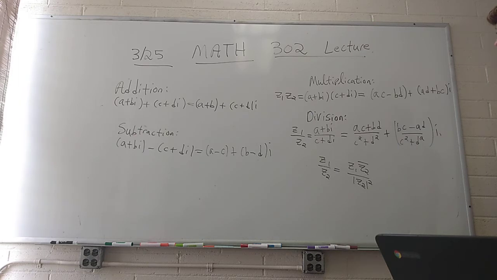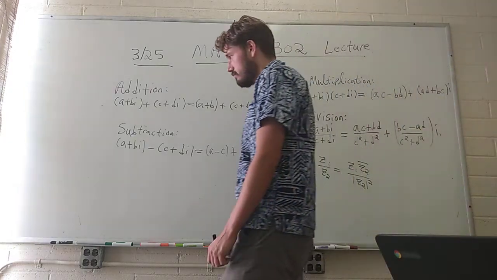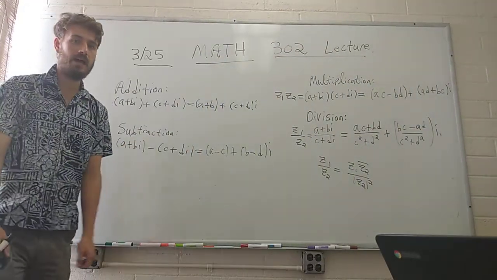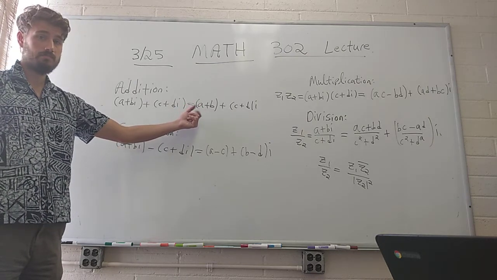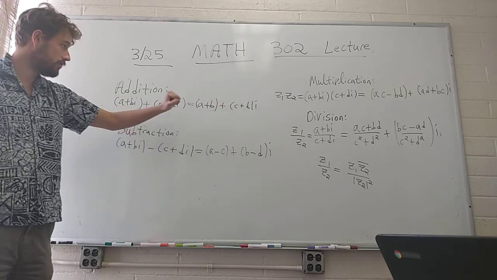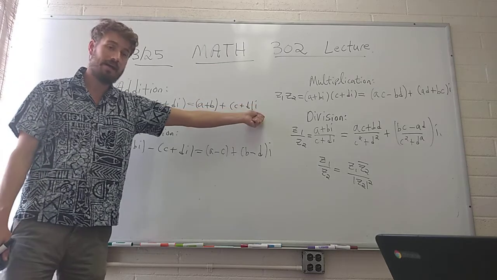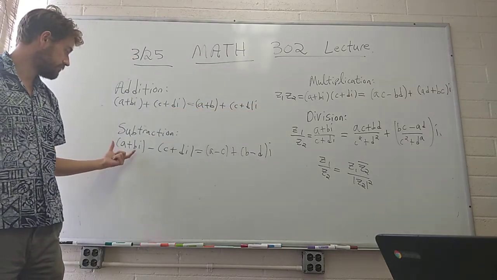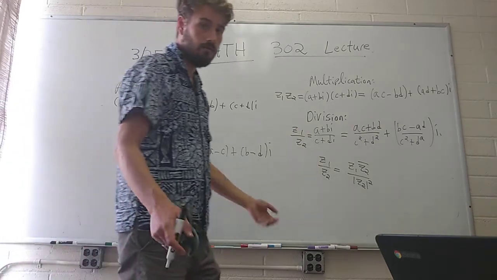So these are all the formulas for multiplication, division, addition, and subtraction. This is just component-wise. It's the same as adding a plus c, two real numbers, and then adding the two coefficients of the imaginary parts and multiplying by i. Same thing with subtraction: subtract the two real numbers, subtract the two real coefficients of i. Voila, there's your answer.